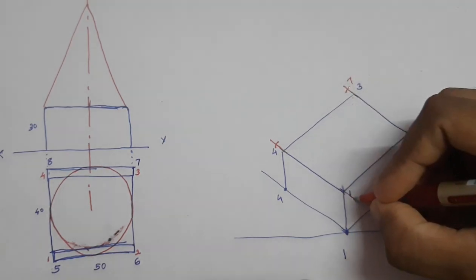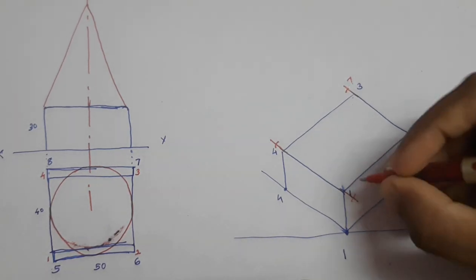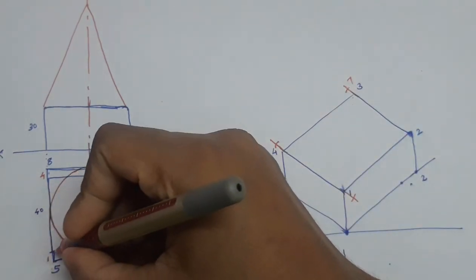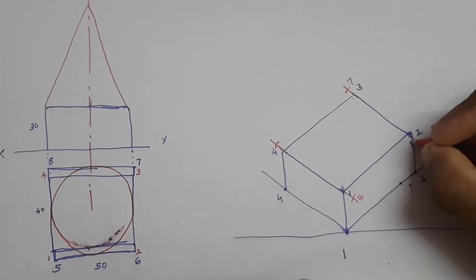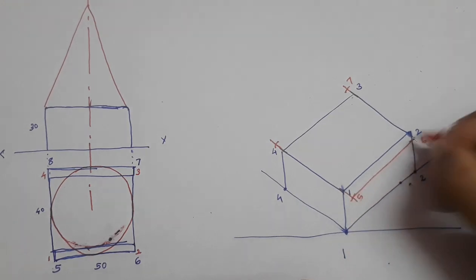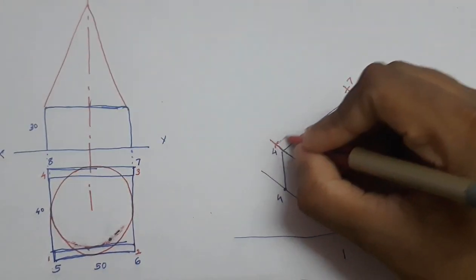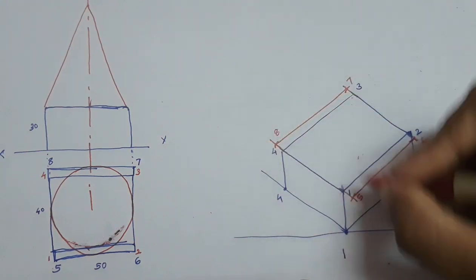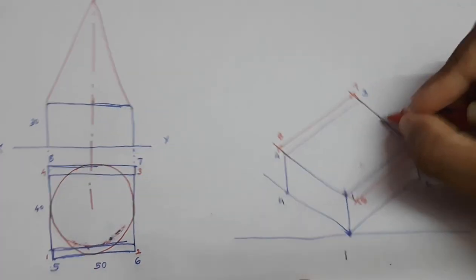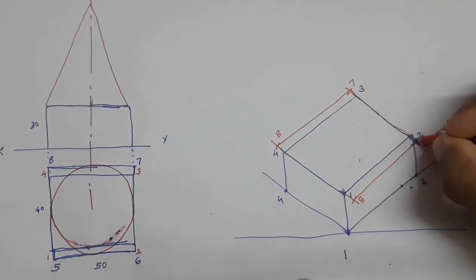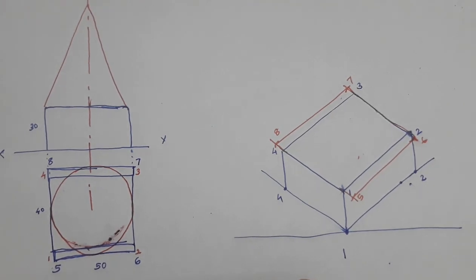Near to 1 you are having point 5. Taking this measurement, 1, 5 measurement, you will be getting 5. Same is applicable here also. You will be getting the point 6. So you will be getting the rectangle, which is termed as 5, 6, 7, 8.